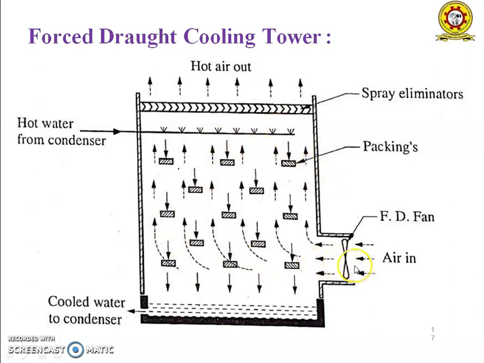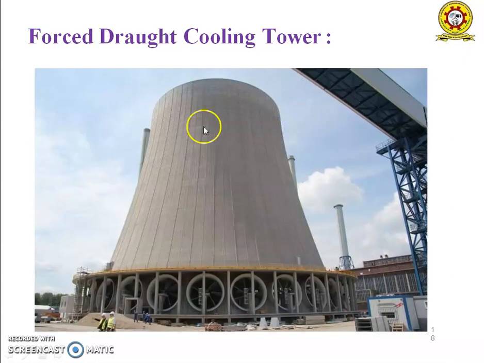Air is coming from this forced draught fan. There is an exchange of heat between the hot water and the air. The temperature of the hot water reduces and it is converted into cold water and sent into the condenser, and the air temperature increases and it is sent out of the cooling tower by using the spray eliminators. This is the forced draught cooling tower example.